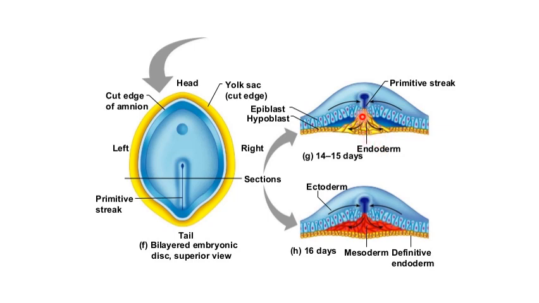Cells from the epiblast will continue multiplying, getting detached from below the primitive streak and fill up the space between the newly formed endoderm and the epiblast, and these are going to form the mesoderm. And the rest of the cells that remain after the formation of the endoderm and the mesoderm are referred to as the ectoderm. So, this is how the primary three germ layers will be formed in an embryo.